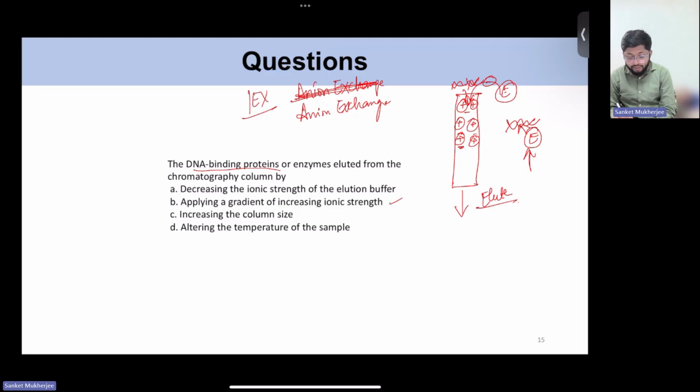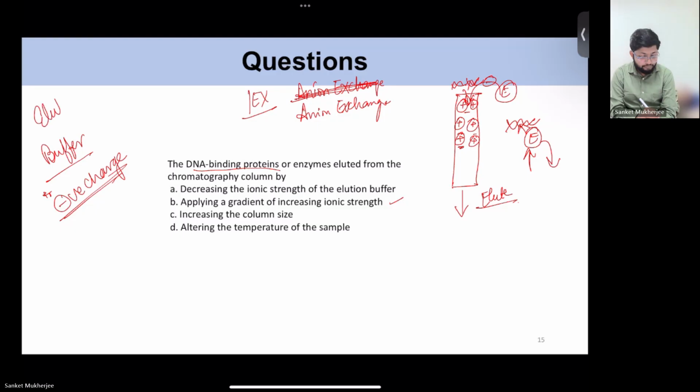Applying a gradient of increasing ionic strength: if your buffer has more negative charge, then the protein is supposed to come out of this setup and come to the elution buffer. So basically, you can increase the ionic strength. This is the right answer. Increasing column size will not change it. Even altering the temperature of the sample will not change it.